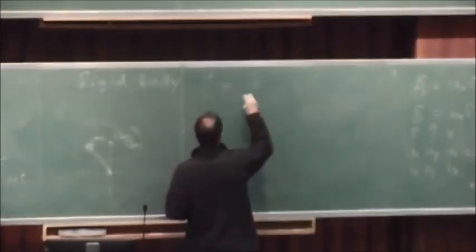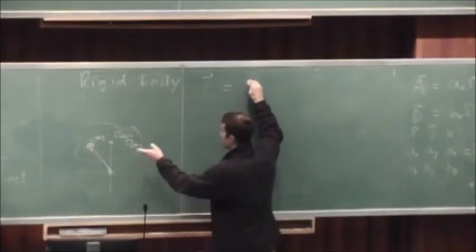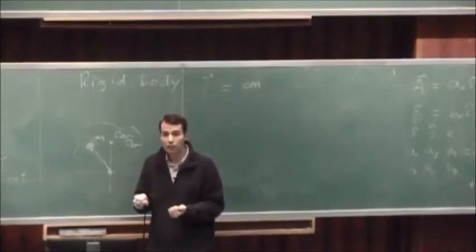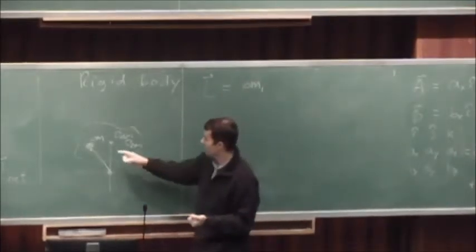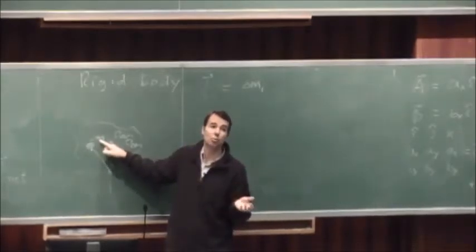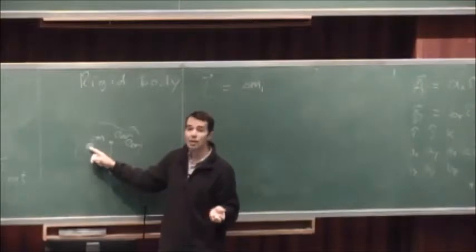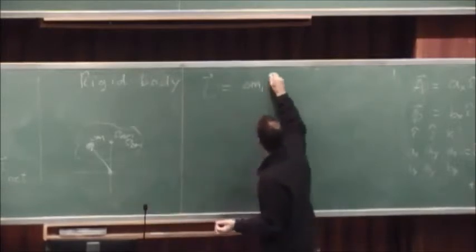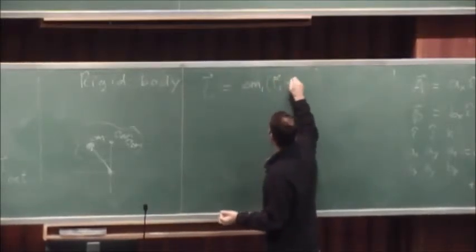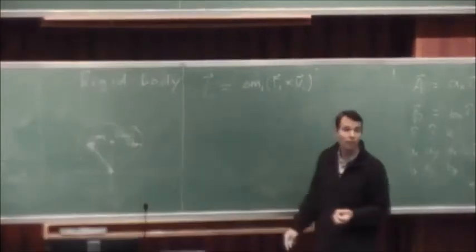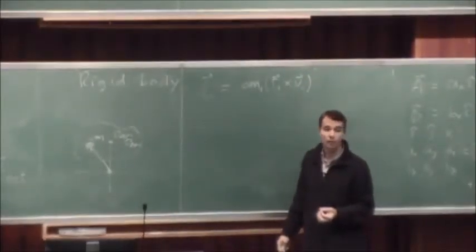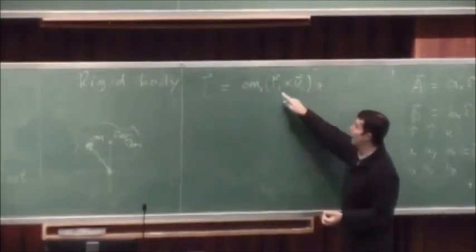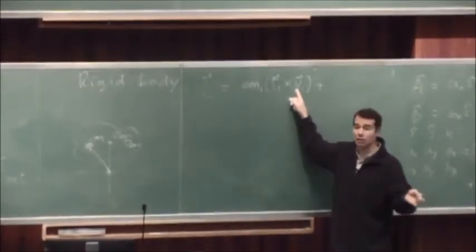So we're going to do the first one, which is a little tiny mass element, which I'll call delta M1. So we know that that's a mass. And how about its radius vector? Well, I can just call that R1, and I cross that with V1. That gives me the angular momentum of that particular mass element.